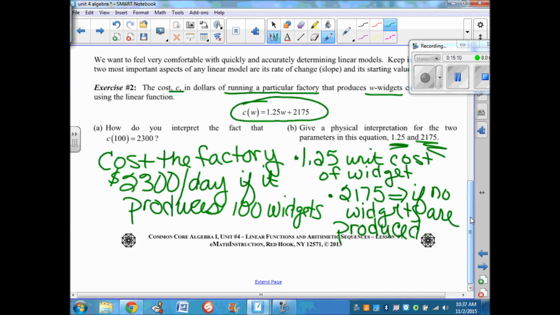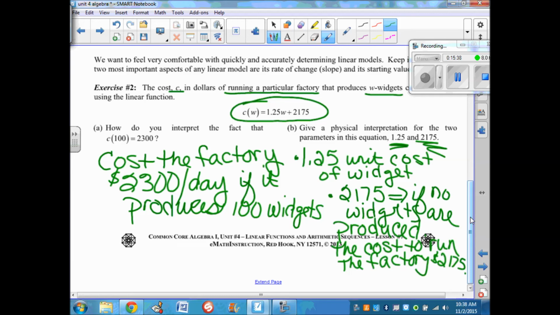If no widgets are produced, the cost to just run the factory is that $2,175. Okay, pretty expensive. $2,175 just to run the factory if no products are being produced that day.